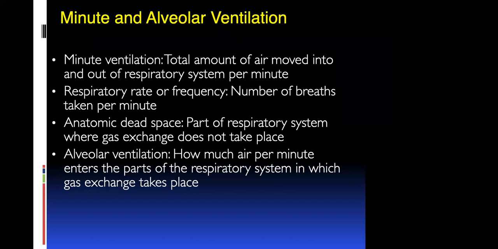I'm just giving you a rough figure. That is called the alveolar ventilation. So the amount of air moving in and out of the lungs which actually gets into contact with the alveoli is 350 times 12, okay, not 500 times 12. That's the difference between minute and alveolar ventilation.